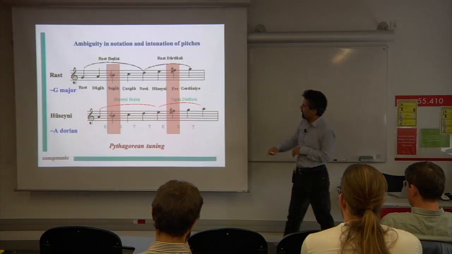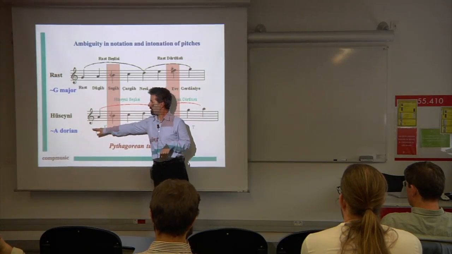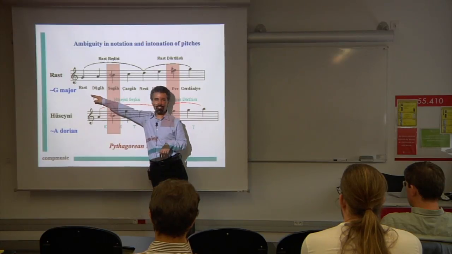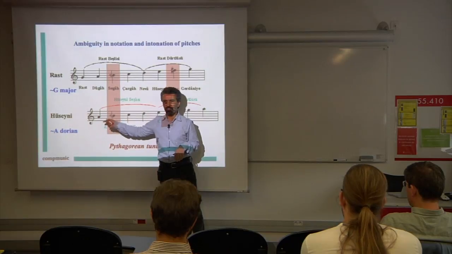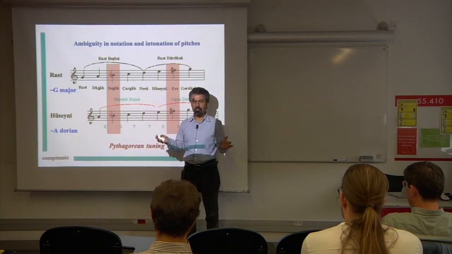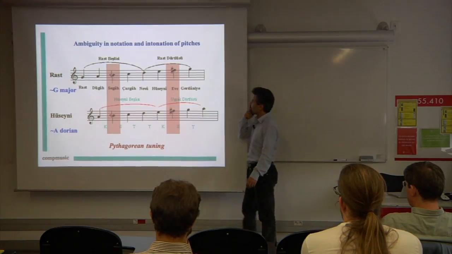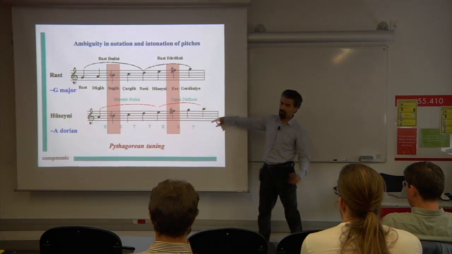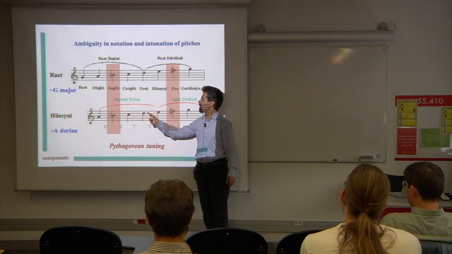Now, I want to also show you another makam scale, that's Hüseyni. It's like A Dorian. If you have G major, just think the second mode of that could be like a Dorian scale. We have exactly the same pitches. But when you hear it played, you would see that some of the pitches are different than expected.